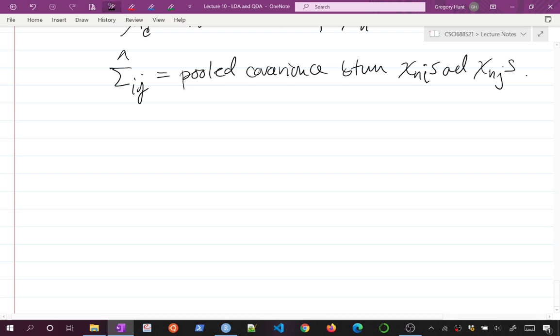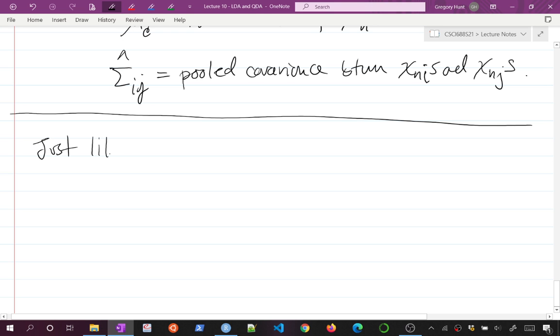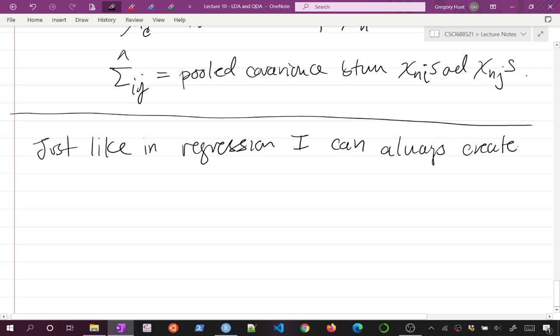And what I should point out here is that just like in regression, even if I only have one x I actually measured, I can always create more x's, more dimensions, with transformations.